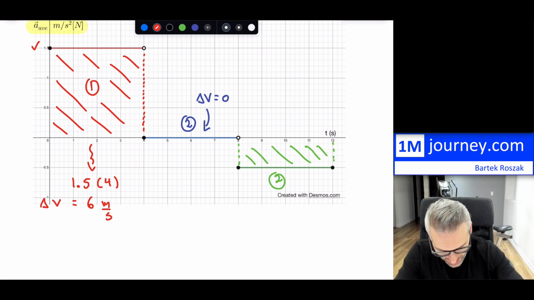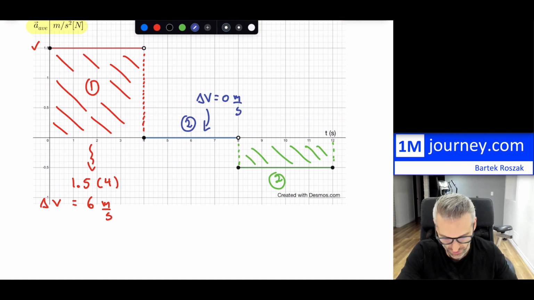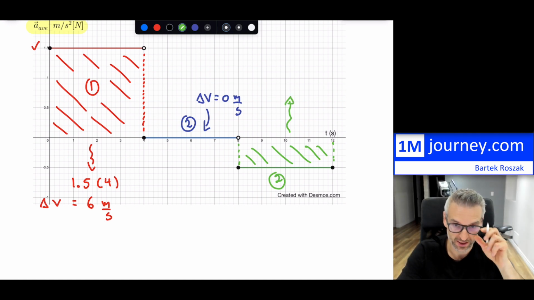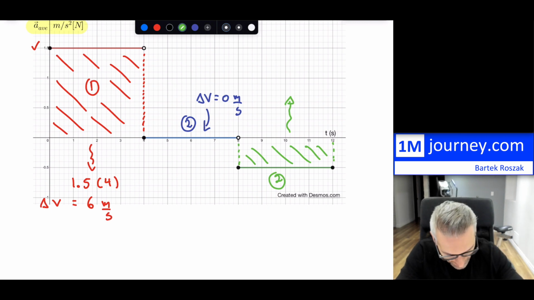The change in velocity for the second one, we just said this is 0, so we have nothing to do there. And then the change in velocity for the last one, this is another rectangle. Now notice this is going to be negative, because it's on the negative side. So for this third piece, it's simply negative 0.5, which I'm just reading from the graph.